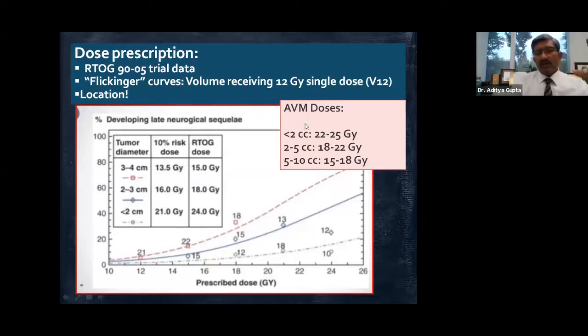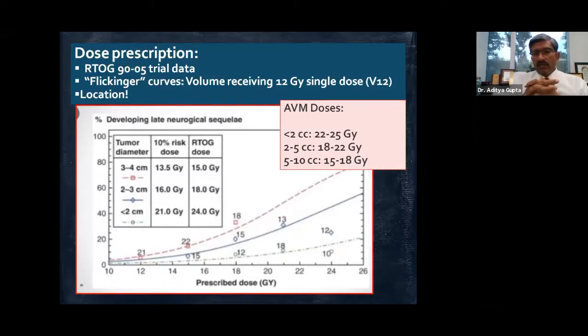But really, I've become a bit conservative in my radiation dose. And I like to use the full dose only in AVMs which are up to 2 to 3 cc's in volume. And this is what I've tried to show in this table on the right side. And as the AVM volume increases, I like to dial down the dose accordingly.